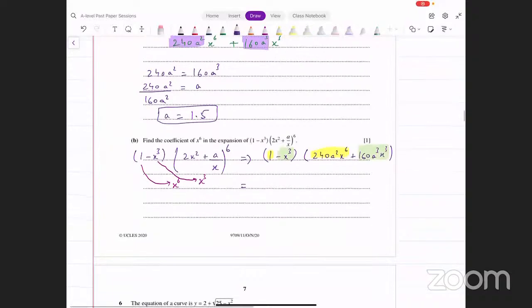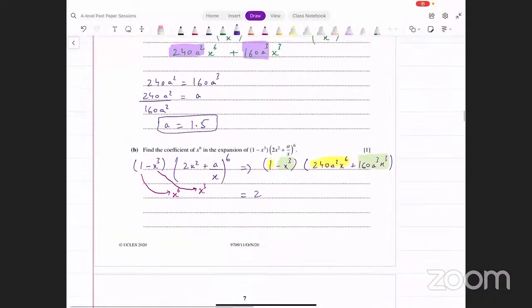Let's see what we get from that. 1 into 240 a square x raised to power 6, that's going to be 240 a square x raised to power 6 plus minus x cube into this thing. ये आपके पास क्या आ जाएगा? Let me just do it directly.